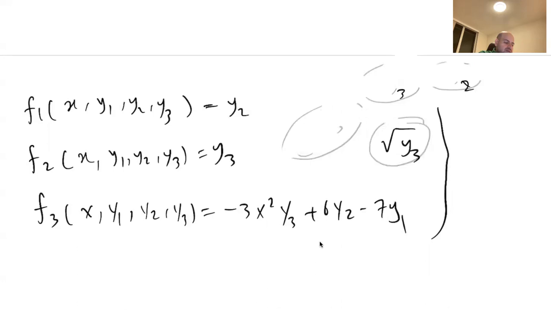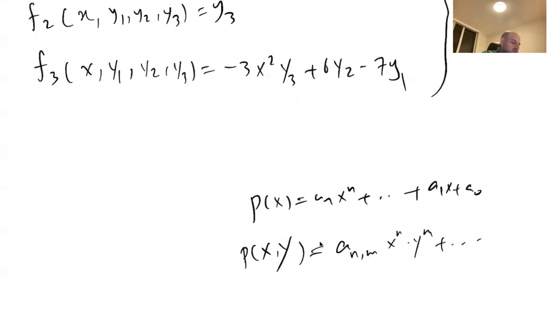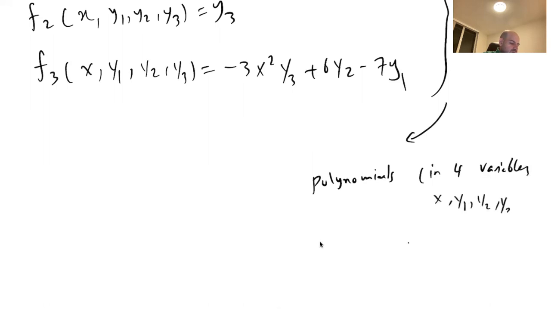But right now, every fi that we have is a polynomial. So each of them, so these are basically polynomials in four variables, x and y1 and y2 and y3.